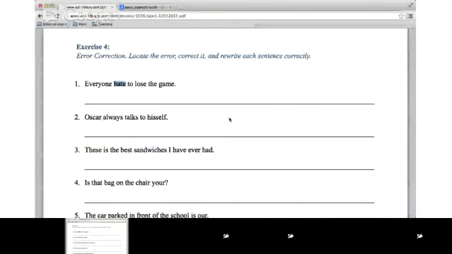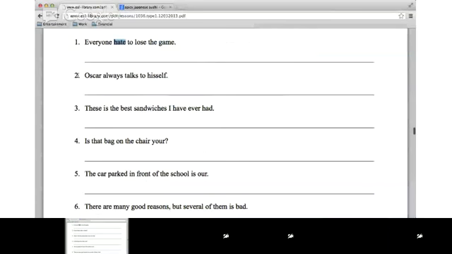Let's go to Pipe. Let's have you do number 2, please. Oscar always talk to himself. What do we need to fix here? There is no S in the verb. Okay.